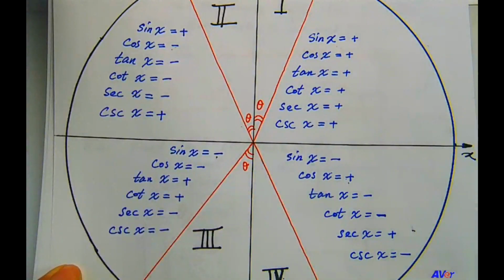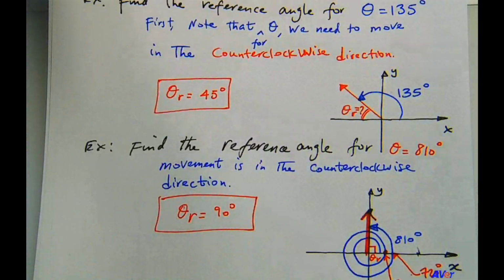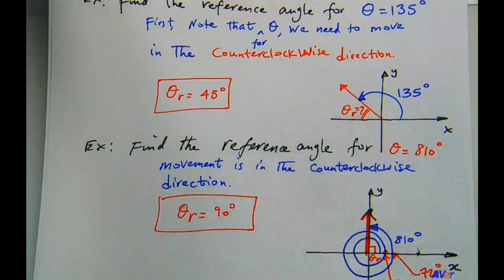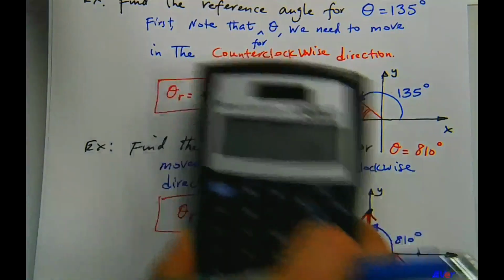So if I punch this into the calculator, if I had to write this down without a calculator, I would say the measure of cosine of 135 degrees is equal to minus square root of 2 over 2, right? But with a calculator, we can verify that.